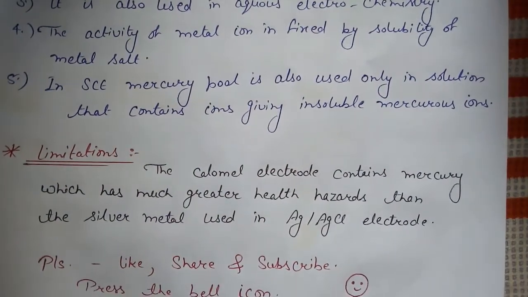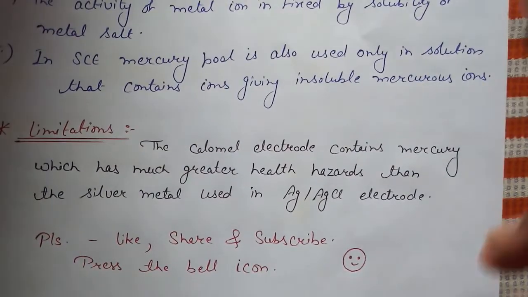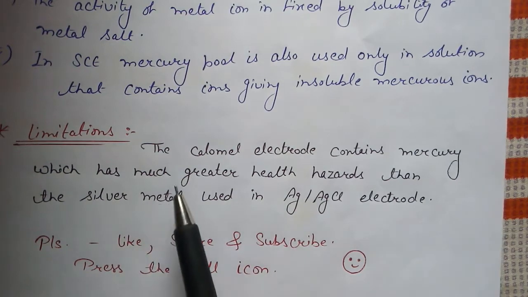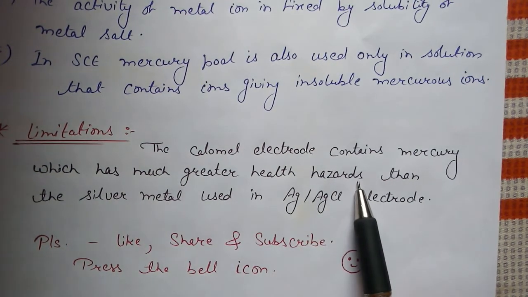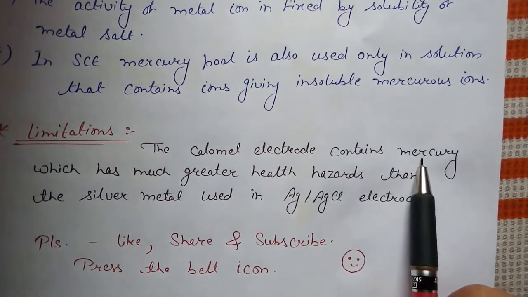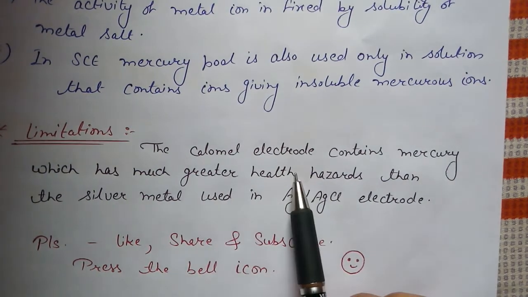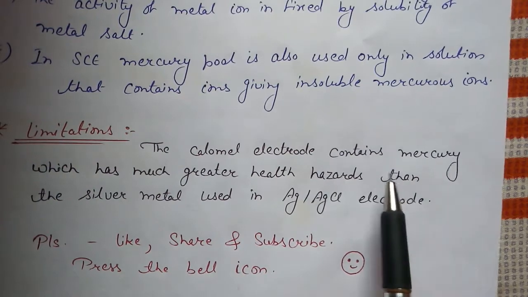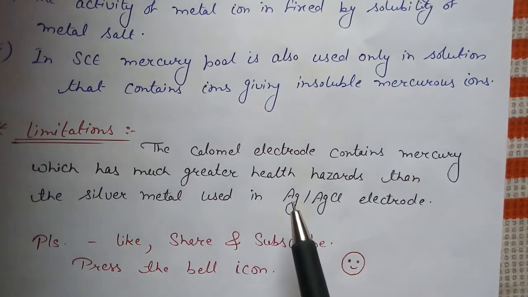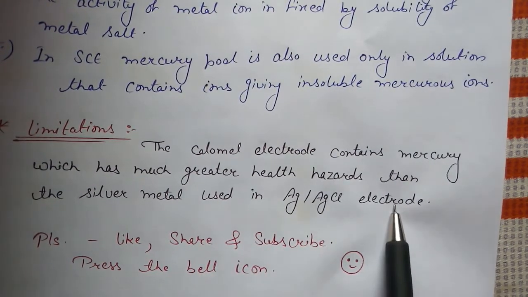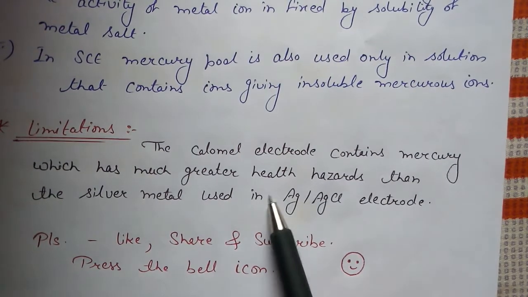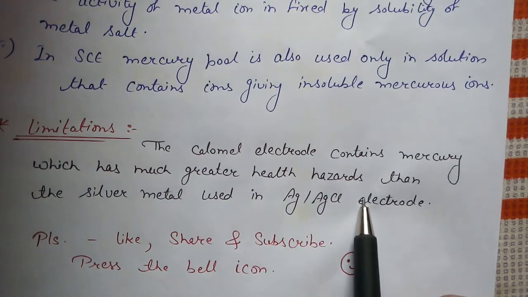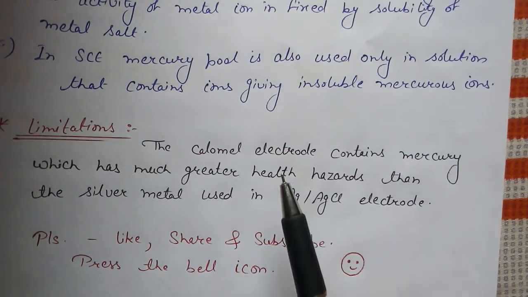The calomel electrode contains mercury, which is a much greater health hazard. You know, mercury is toxic in nature, so it is hazardous. Then, silver metal is used in the silver chloride electrode. So in place of mercurous chloride paste, we can use silver chloride because mercury is hazardous.